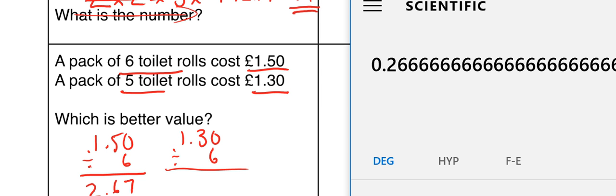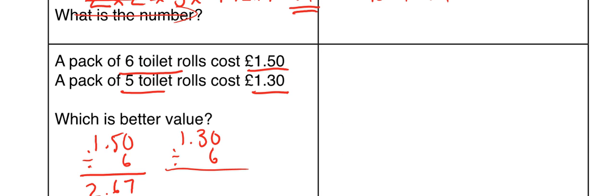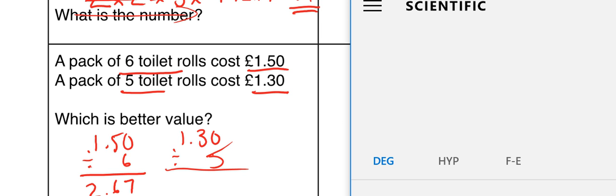And then, so let's do £1.30 divided by, that should be 5, not 6. So a mistake there. Divided by 5 equals, that's 26.